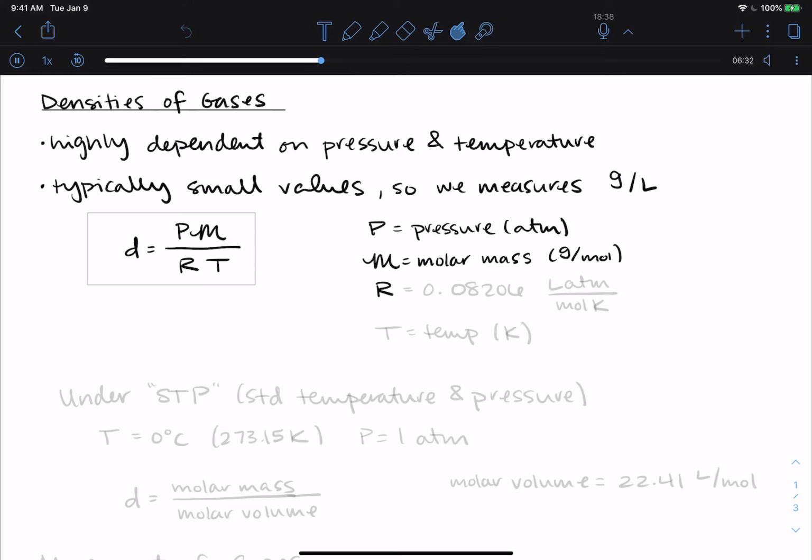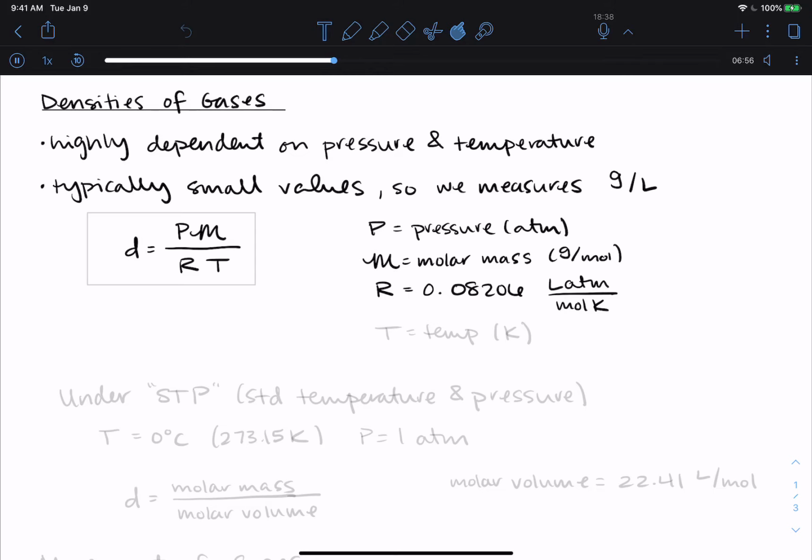R is the gas constant. And the value of the gas constant is 0.08206 liter atmospheres divided by moles times Kelvin. So you can tell from the units of this constant that we need to use pressure in atmospheres, right?